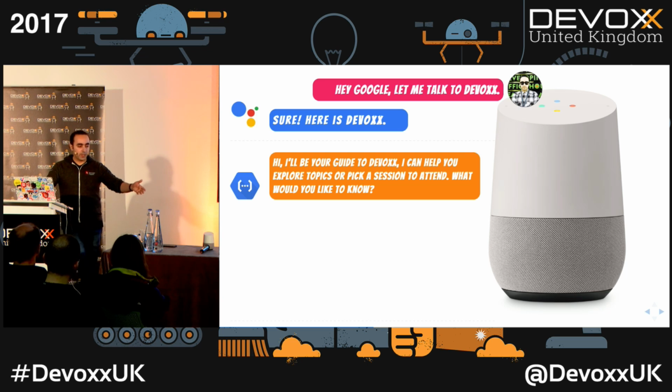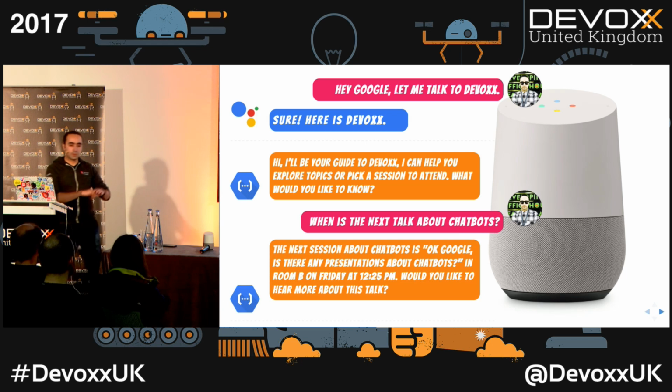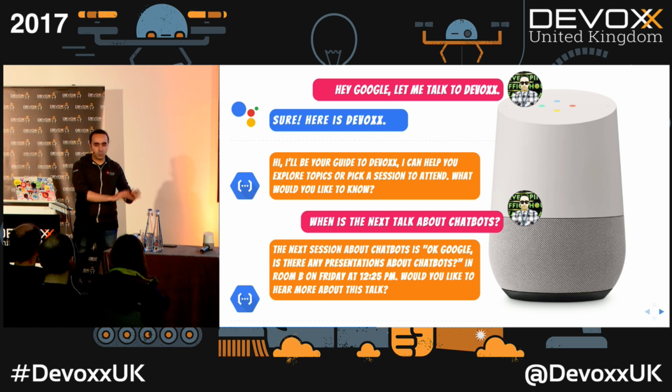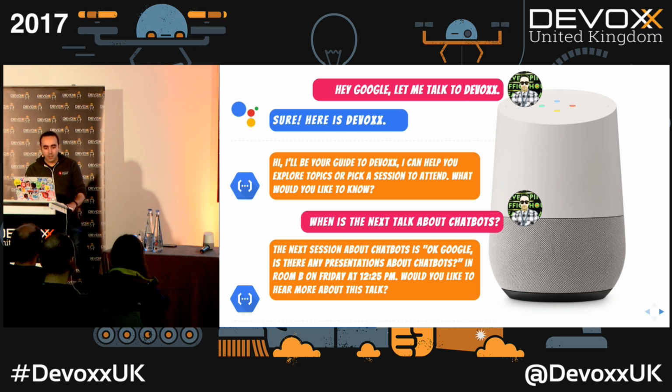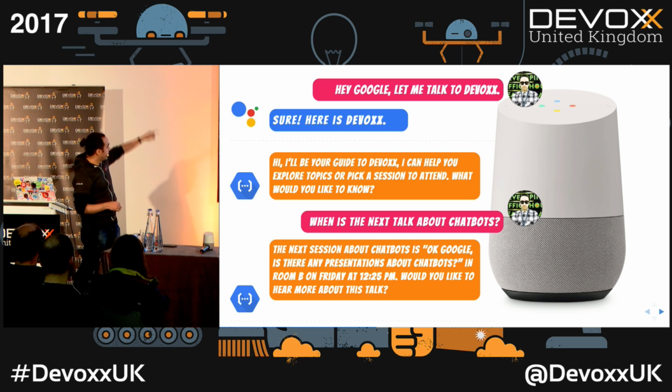When you interact with the device, you're interacting with the Google action first, and then you tell it to start whatever bot you built, and then after that you can interact with that bot until you say stop or cancel or whatever. I don't know if you see these little lines.